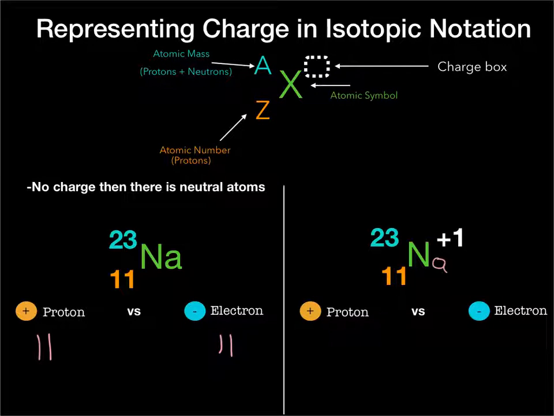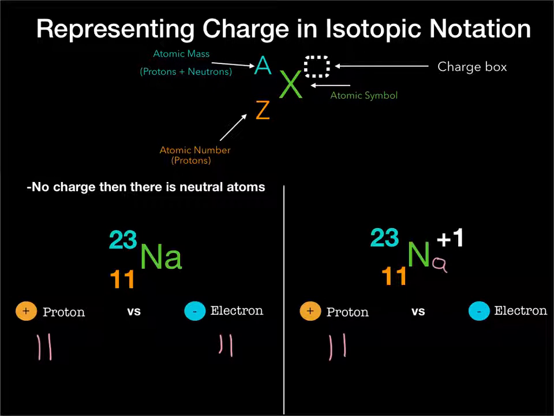So we have to account for that when we're taking score of the number of protons and the number of electrons. You can see that it's a positive charge, so that means that the positive team, the protons, are winning by how many? They're winning by 1. The number of protons is always going to be the atomic number at the bottom, so that is 11. We're going to write 11 for protons.